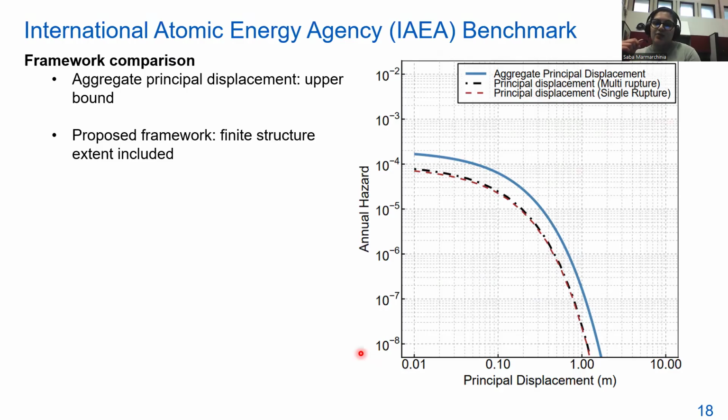In this figure, for one of the cases, we are comparing the hazard for aggregate principal displacement, which is the blue line, and the proposed framework, which is the black and the red line. The red line shows the case where our structure crosses only one of the overlapping ruptures, and the black line shows the case where our structure crosses any combination of overlapping ruptures.